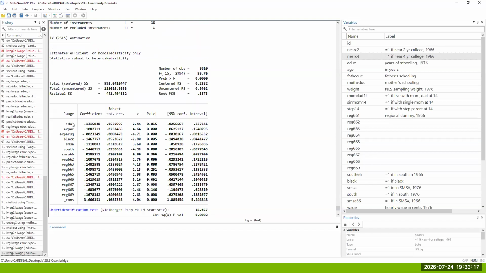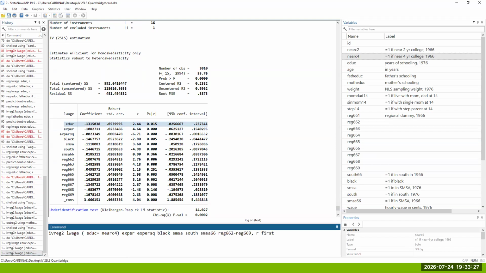Now we come down here and we have this. Take note, for this same model, which I estimated using ivreg2, once you add the option here, you've now moved into the realm of Liml two-stage least squares.